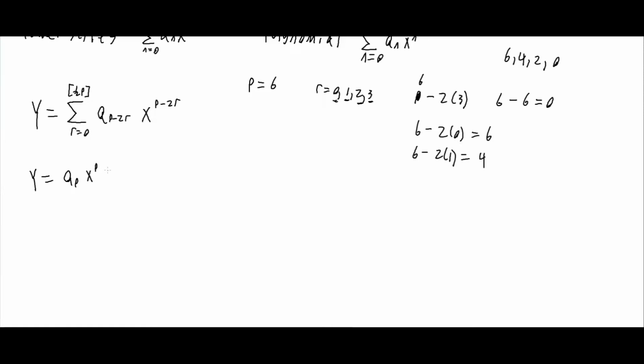a sub p x to the p plus a sub p minus 2 x to the p minus 2 plus a sub p minus 4 x to the p minus 4, and that will continue on until we get to a sub p minus 2 times 1/2 p, times x to the p minus 2 times 1/2 p, or rather 1/2 r.